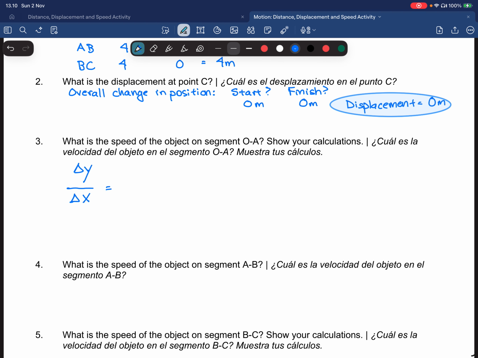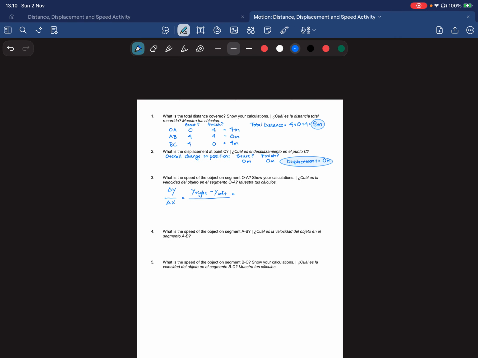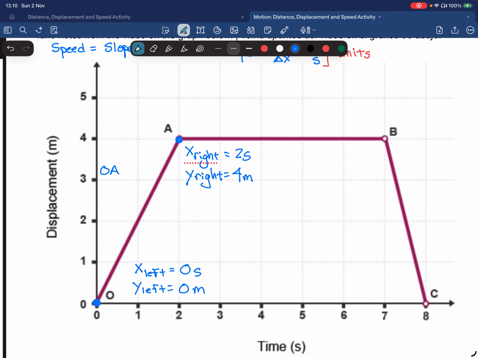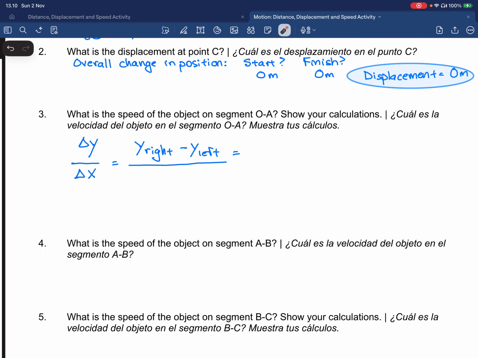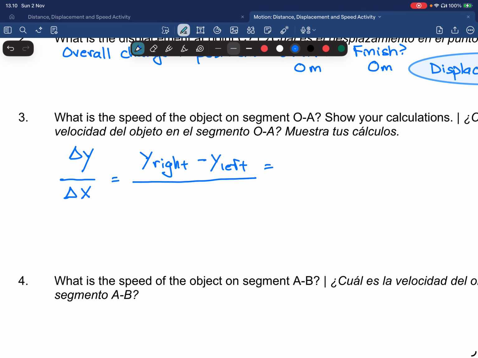Delta y is y right minus y left. So let's get those. Y right was 4 meters, y left is 0. So 4 meters minus 0 meters.